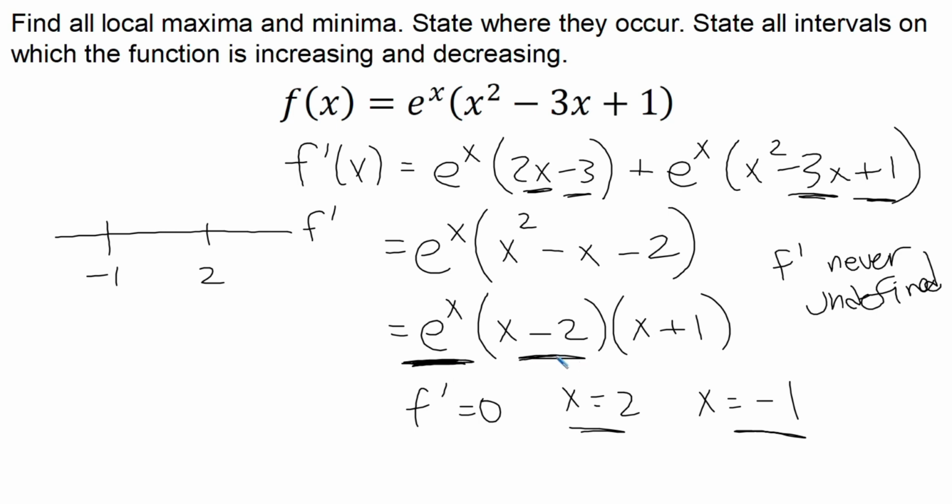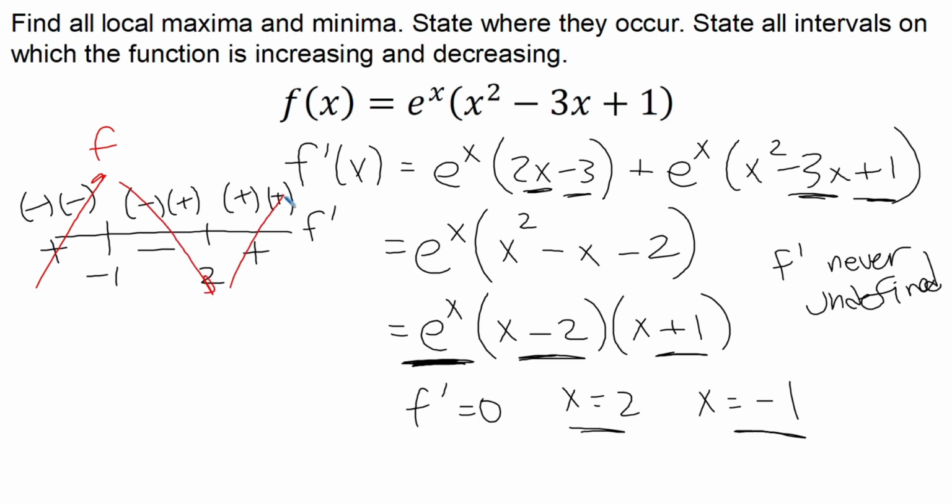But the 0 minus 2 is negative, and the 0 plus 1 is positive, so a negative times a positive is a negative. If I plug something like 100 in, something more than 2, I get two positives, which is going to give me a positive. And if I plug in something like negative 1,000,000, I'm going to get the two negatives. So I'm going to still get a positive value here, which tells me that my function goes from increasing to decreasing to increasing.